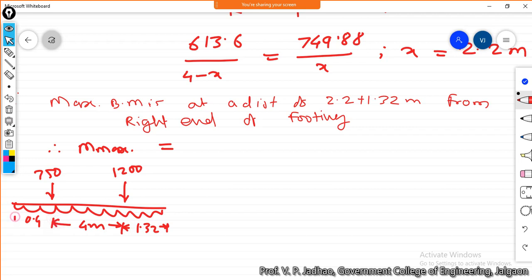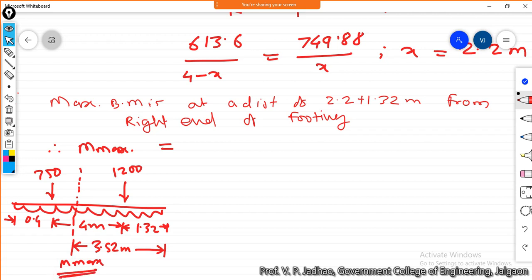So this maximum bending moment will be at a section where this distance is 2.2 plus 1.32, that is 3.52 meter, where bending moment is maximum.